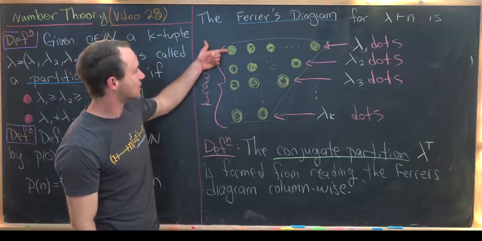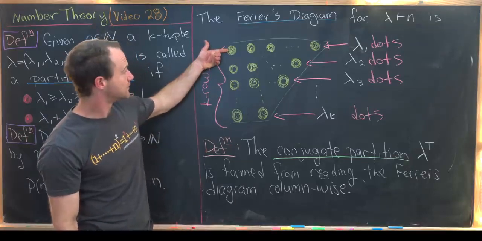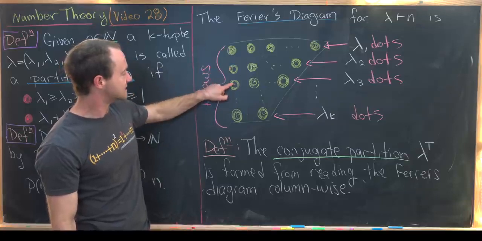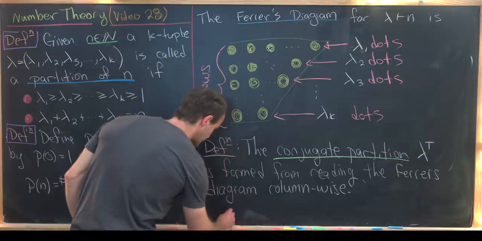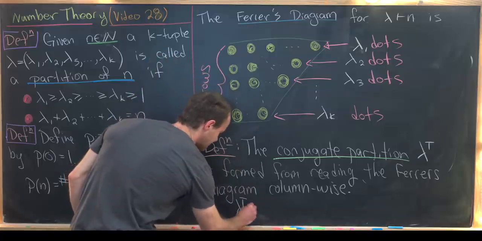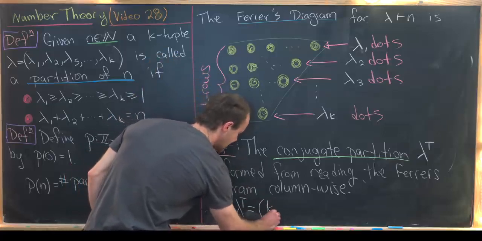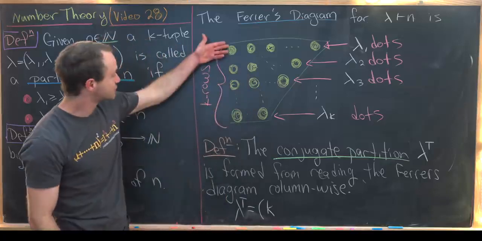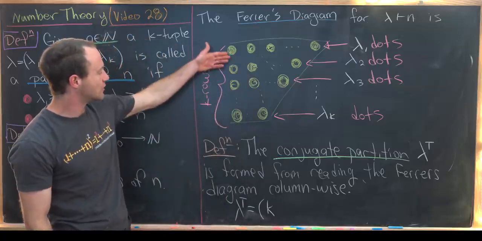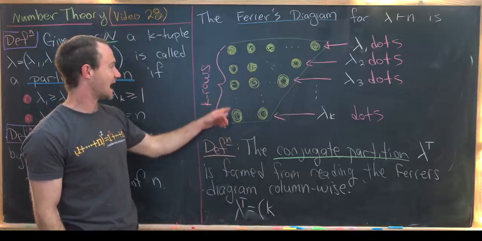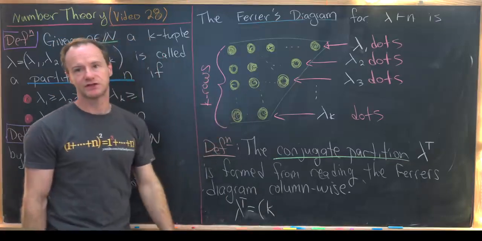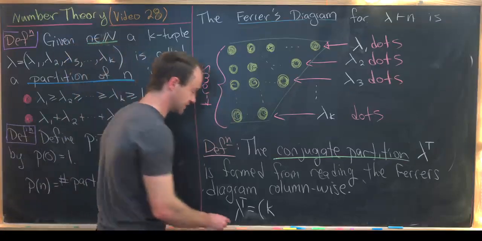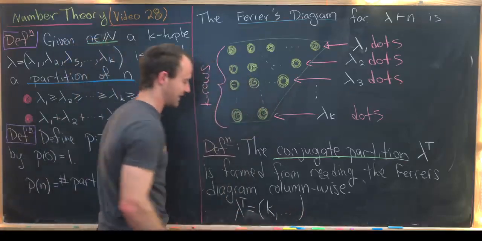So instead of starting with lambda 1, we would have these dots forming the first part. So lambda transpose in our case will begin with k because we're reading this first column and we know this first column has k entries because there were k parts to our original partition. But then all bets are off after that.